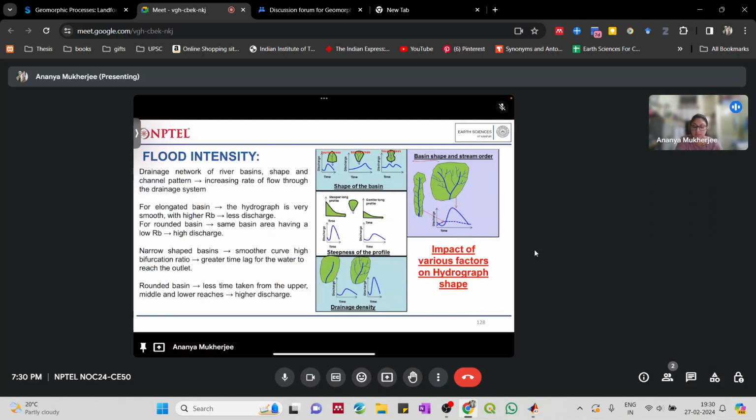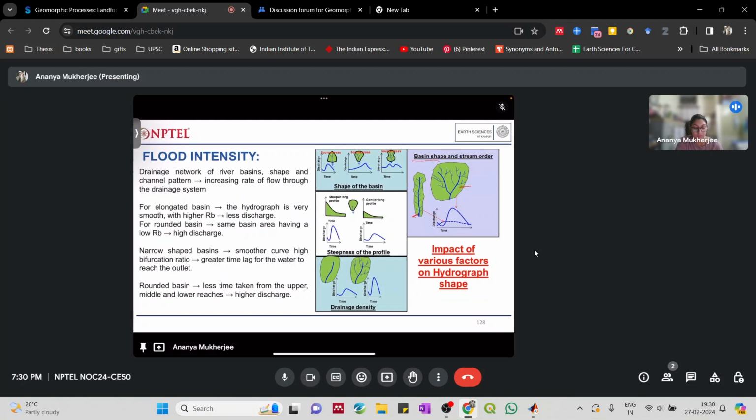So you can see as per the drainage network of the river basin, the channel shape and the patterns can have an effect. So if there is a more dendritic pattern present, it is more prone to flooding compared to this elongated drainage basin that we see.